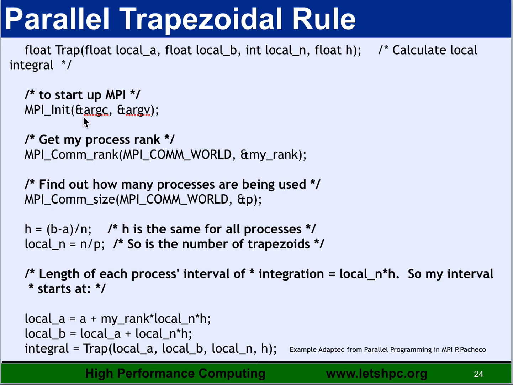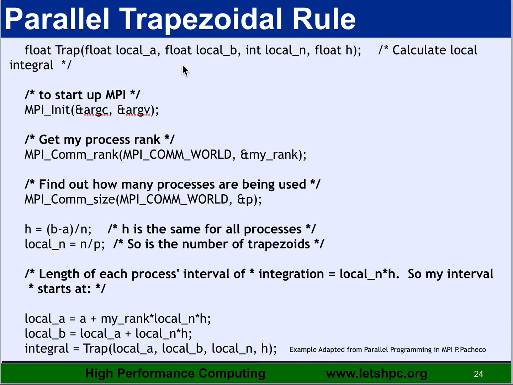So we have to first initialize, just look into this. This is the function which calculates the local integral, and the inputs which it takes are local a, local b, and the local n, the number of trapezoids it is supposed to take care of, and h, the base length.